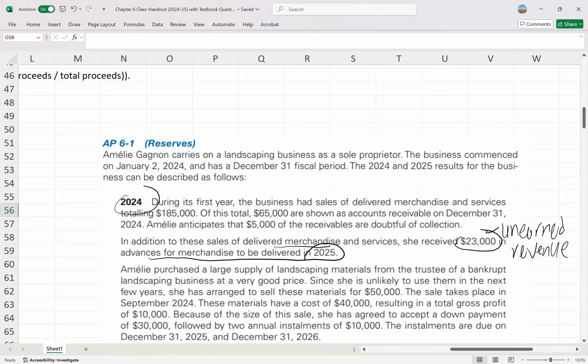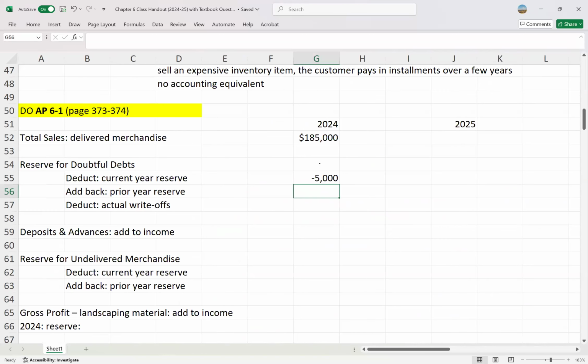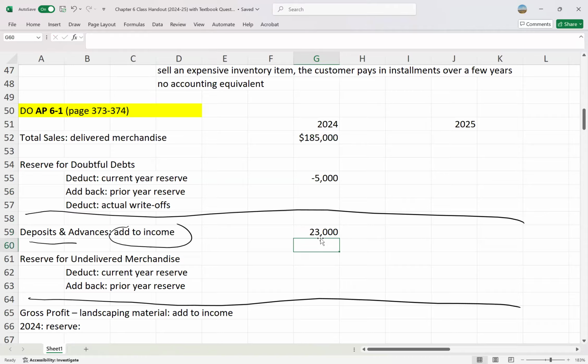Now, even though the ending result will be the same treatment for tax and accounting, tax rules are written very peculiarly. So I'm just going to draw a line here. The way the tax rules are written, it says that if you get any deposits and advances, you have to add it to income. So even though it was a deposit or an advance, the tax rule says we have to add that $23,000 to income.